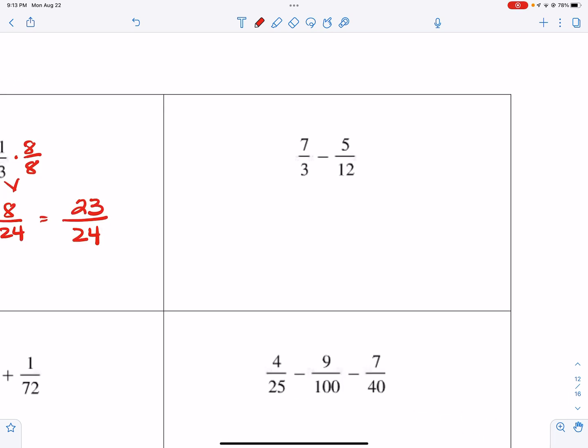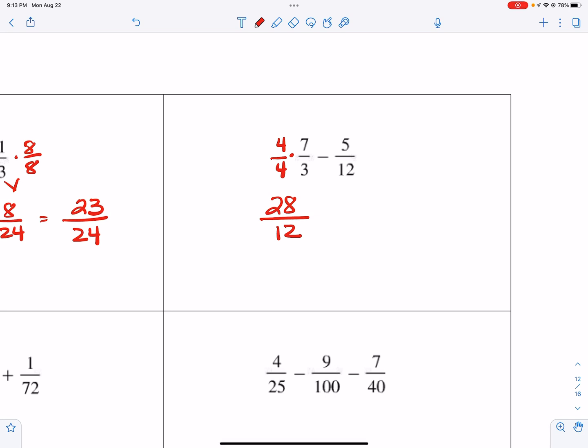All right, the last one, save yourself some work. The least common denominator is 12. Yes, you could use 24, you could use 36, but that's just going to cause you more work. So I'm going to turn 3 into a 12 by multiplying top and bottom by 4. So that gives me 28 twelfths.